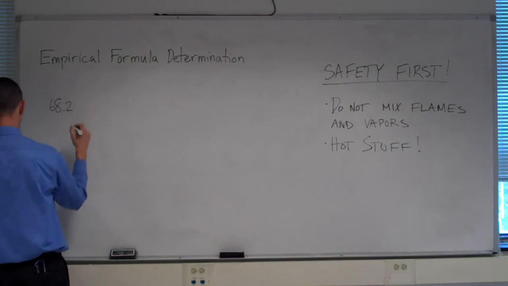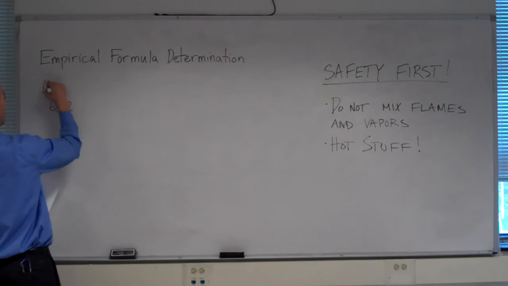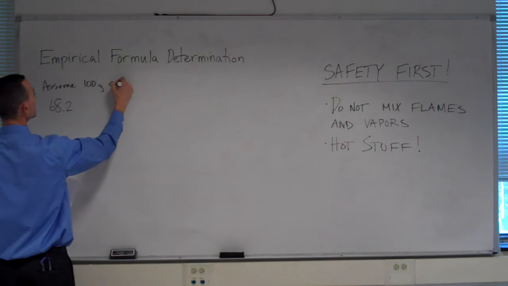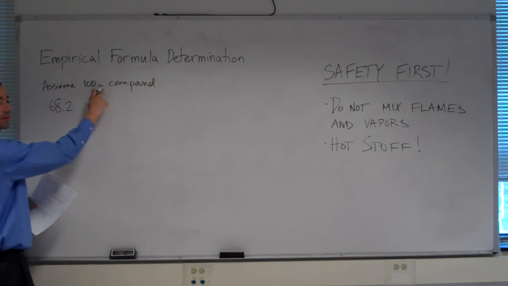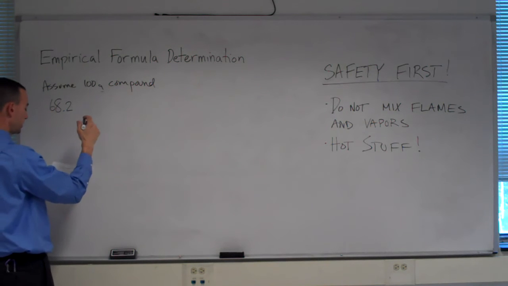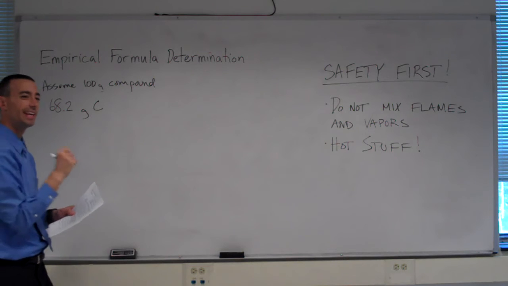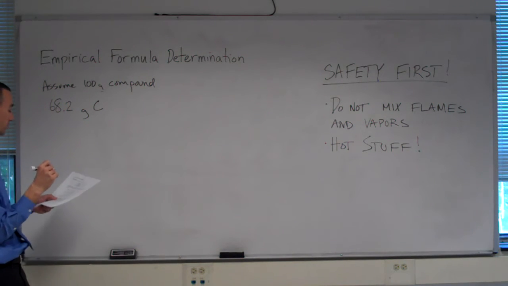So if a compound is 68.2% carbon, what we're going to do is assume that we have 100 grams of compound. For every 100 grams of compound, 68.2 grams would be carbon, since this compound is 68.2% by mass carbon.